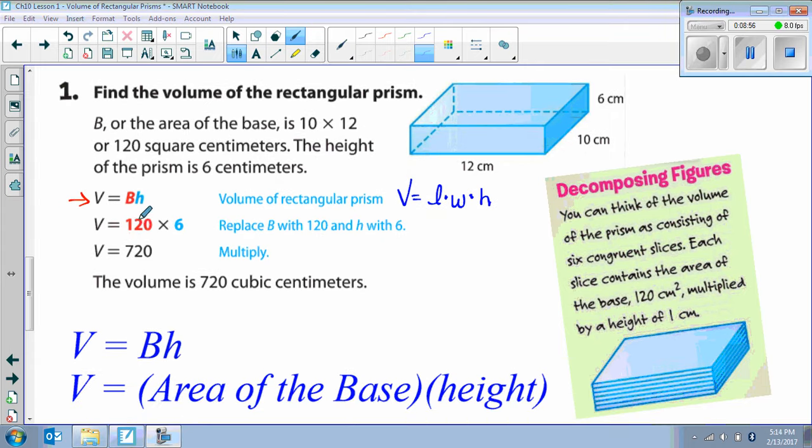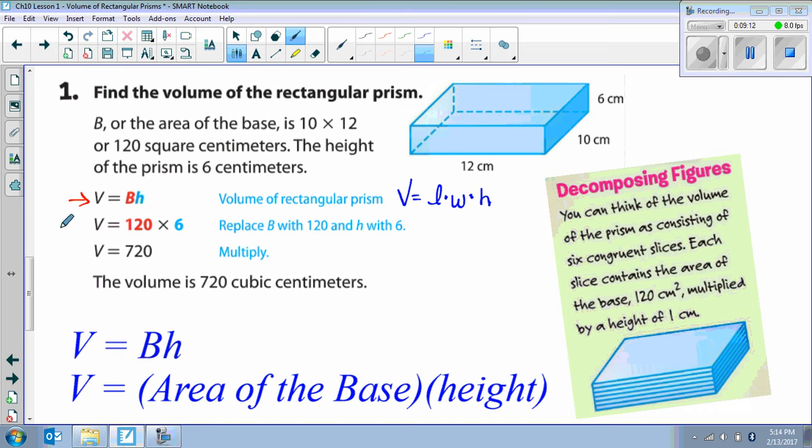So when we find the area of the base, which is the length times the width, we're going to multiply 12 times 10. So there's a line here that they're missing that I would prefer that you write in there.